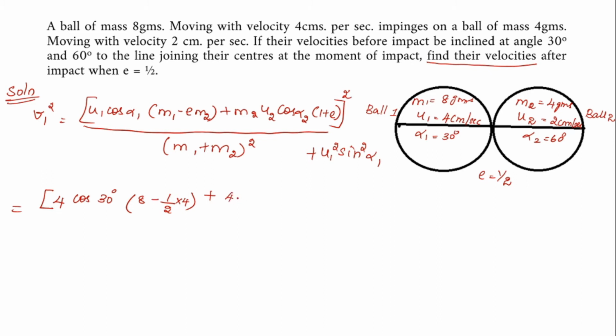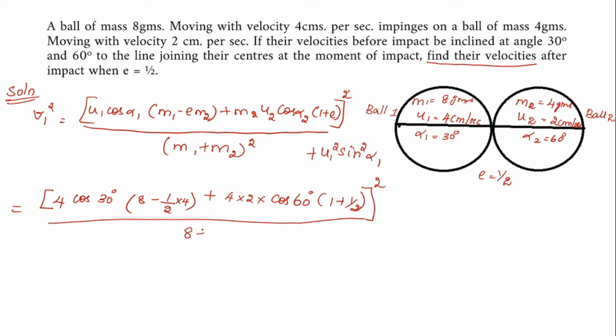Your u2 is 2, into cos alpha 2, which is cos 60 degree, into 1 plus 1 by 2, divided by m1 plus m2, where m1 is 8 grams and m2 is 4 grams, the whole square, plus u1 square, 4 square, into sine square alpha 1, which is 30 degree. We know the values for cos 30, cos 60 and sin 30, so we are going to substitute these values.